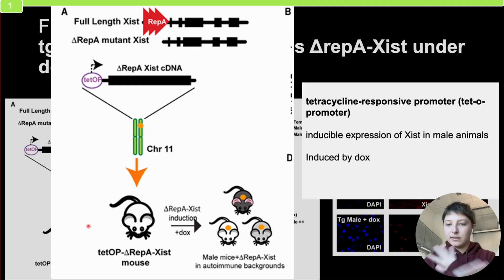They didn't add dox or anything like that. They're just looking at the baseline, and they saw that there wasn't any differences. And so they then went backwards and did this process in specific mice strains. So they used, well, we'll get into it. So that's what this figure A is explaining.